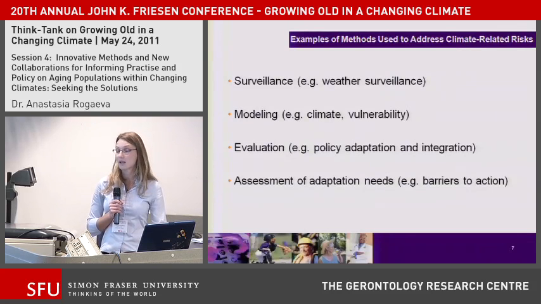Some communities in Canada already use mortality and morbidity information, such as 911 calls, as a trigger to issue heat alert or extreme heat alert warnings, and to implement actions to help people stay cool and stay hydrated.